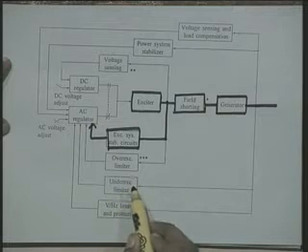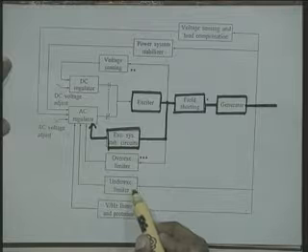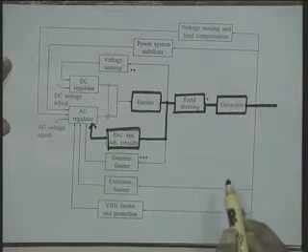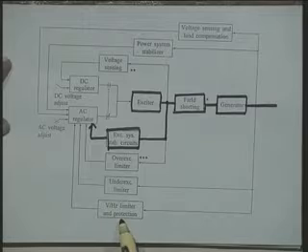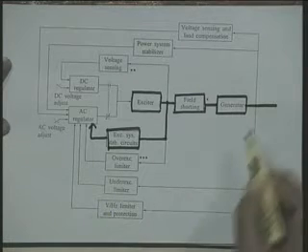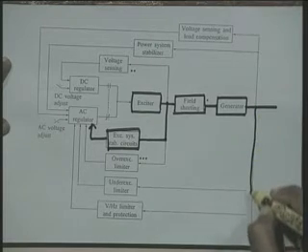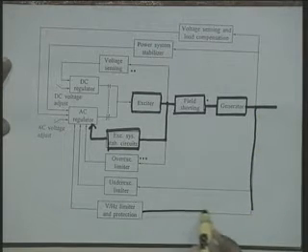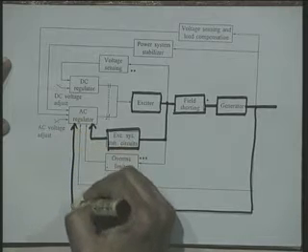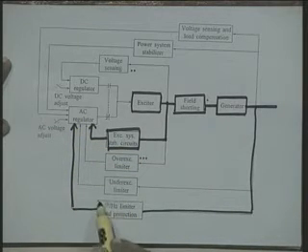The under excitation limiter gets its signal from the terminal of the generator and again operates through the AC regulator. The volts per hertz limiter as well as the protection also gets its signal from the generator terminals, and it feeds to the AC regulator.